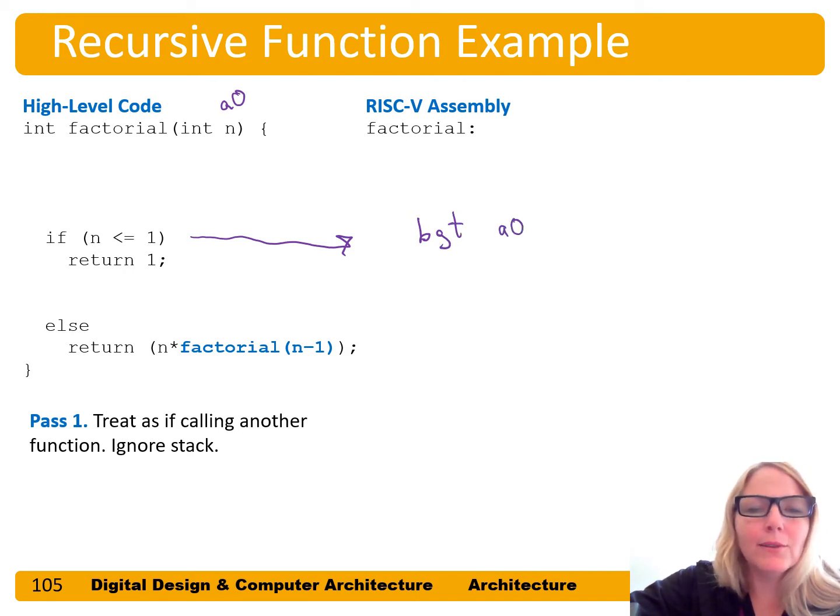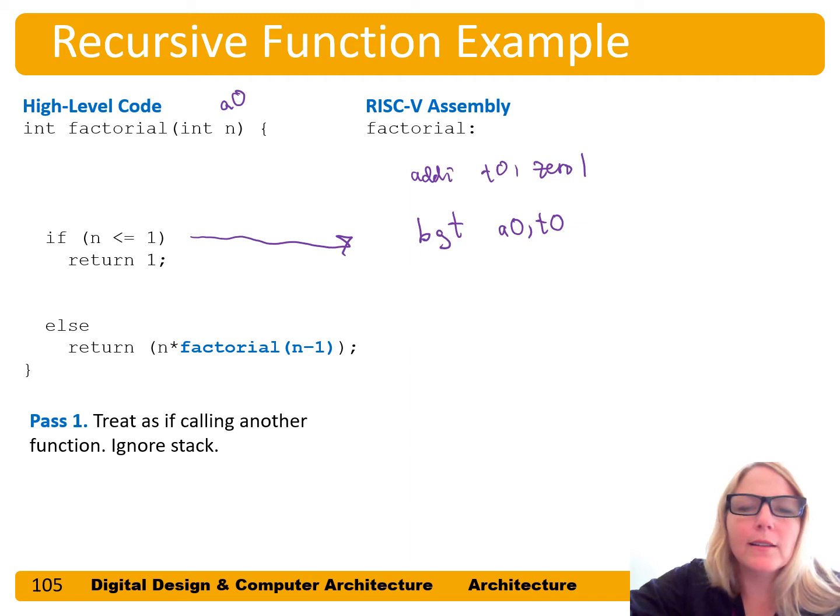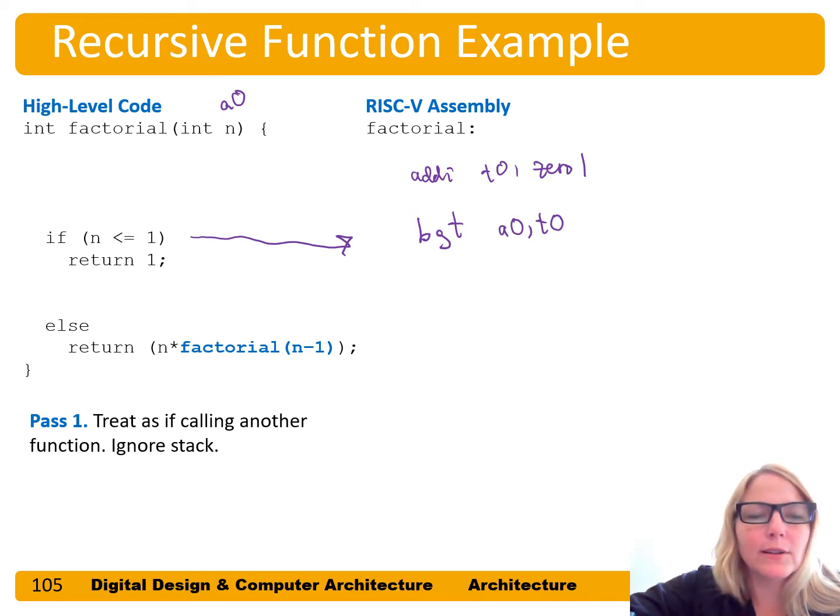A0, and we need a 1, so we're going to use a temporary register: addi T0, zero, 1, and now we can compare with that. Branch if greater than A0, T0, and then we want to go to the else block.